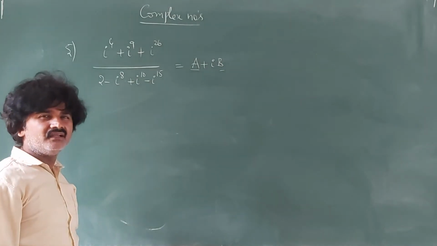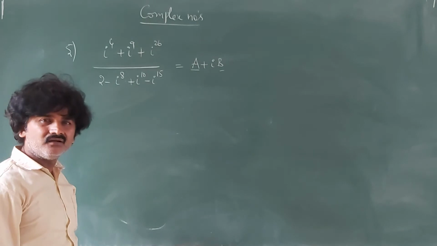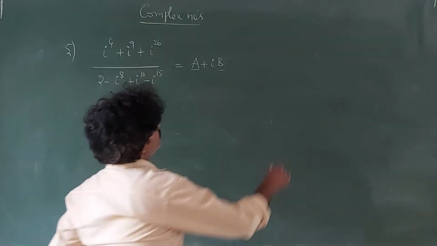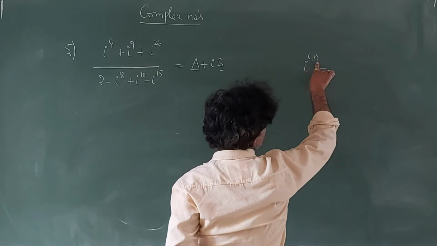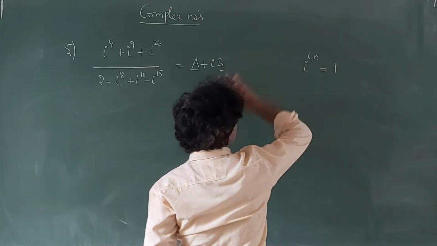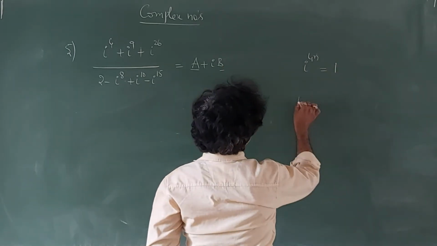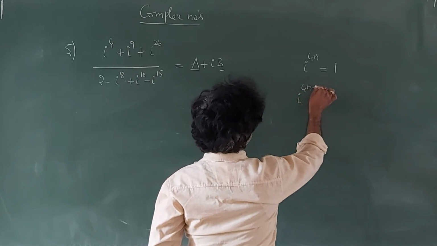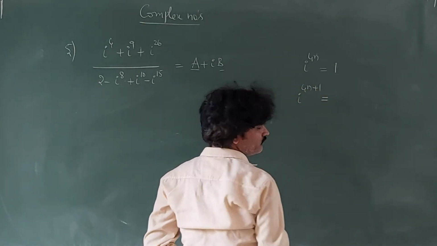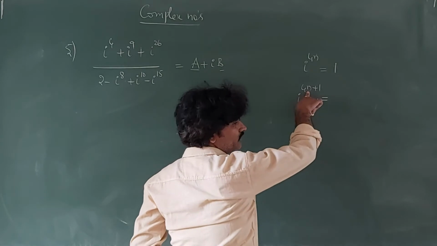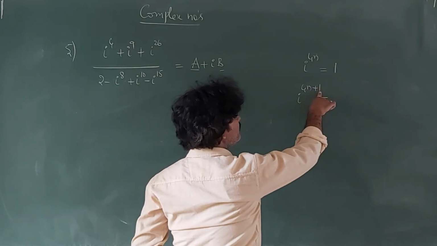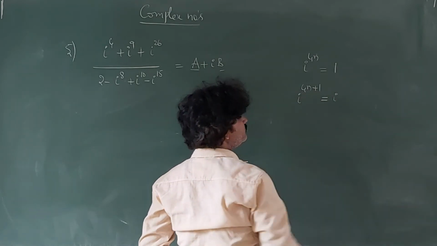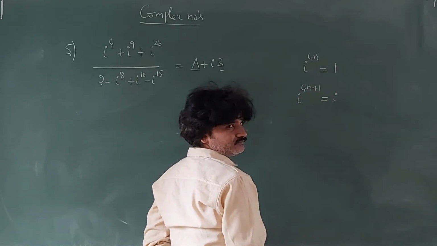i power any 4 multiple, how much did I say? 1. So i power 4n, any 4 multiple, is always 1. Next, i power a 4 multiple plus 1: if you divide the power of i with 4 and are left with remainder 1, its value is i.